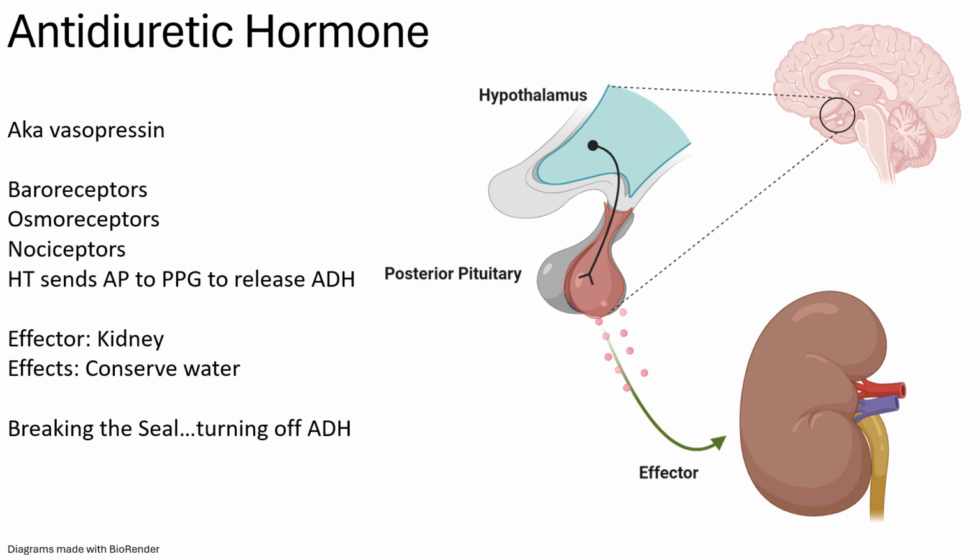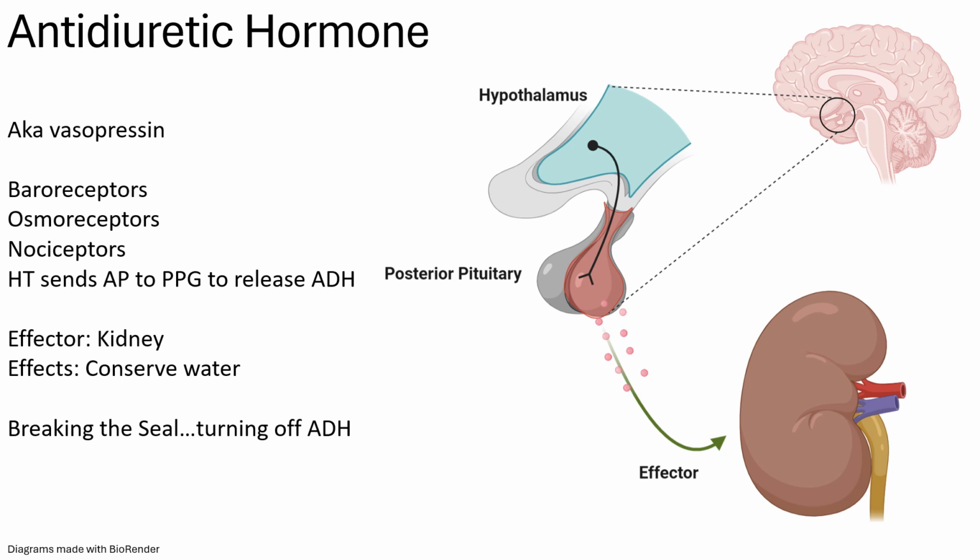ADH has more than one trigger. They're all neural, but it's triggered by several different factors. Pain, sensed by nociceptors that feed back to the hypothalamus, can trigger ADH. The saltiness of your blood, sensed by osmoreceptors in your hypothalamus, can trigger ADH. Your blood pressure, sensed by baroreceptors, and your hypothalamus could also trigger ADH.